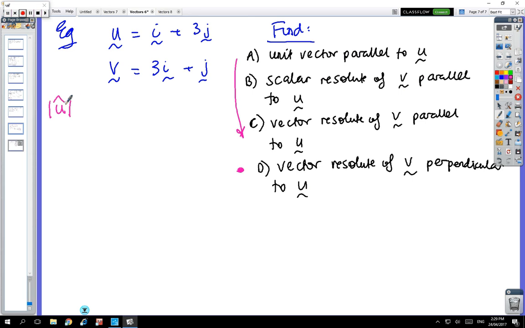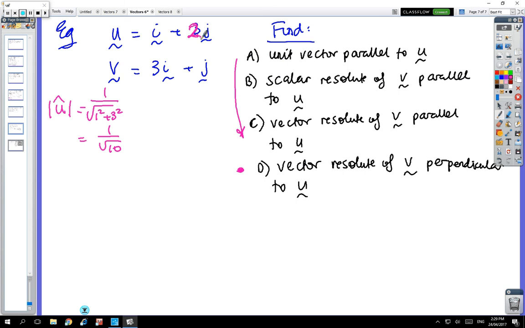the unit vector u. It's going to be 1 over the square root of 1 squared plus 3 squared, which is 1 over root 10. Oh, in my example, can I just change that to a 2?